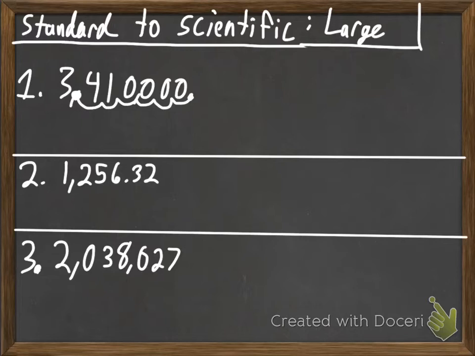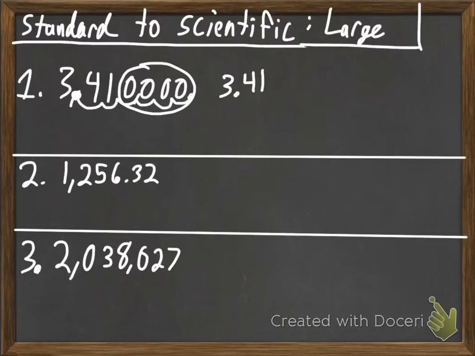Now we're going to rewrite it with the decimal point just after the 3, so 3.41. But if there are any zeros after a certain point, like here where we have nothing but zeros left, we're not going to write those zeros. We don't need them.